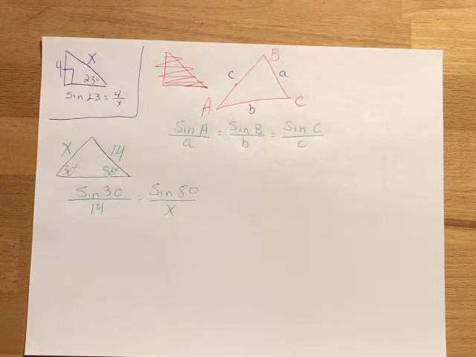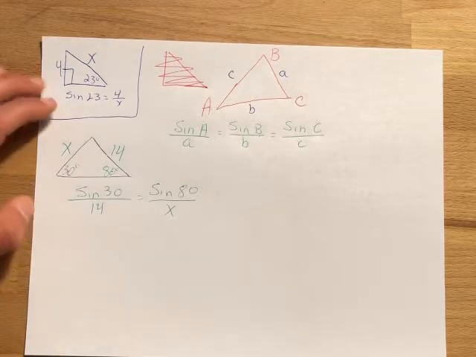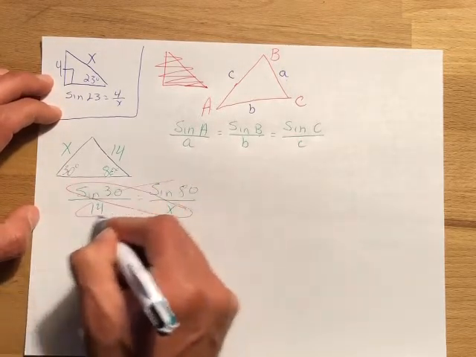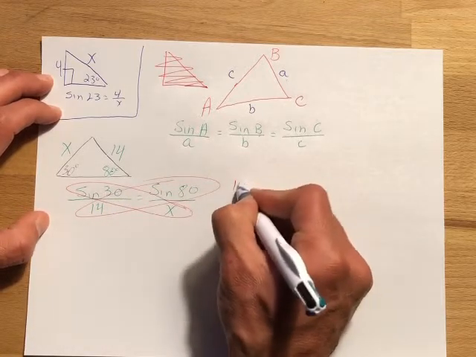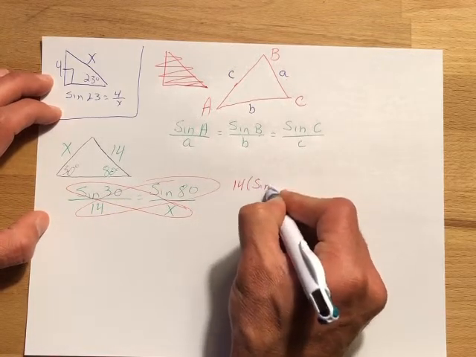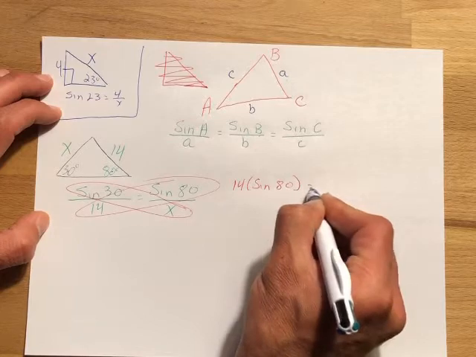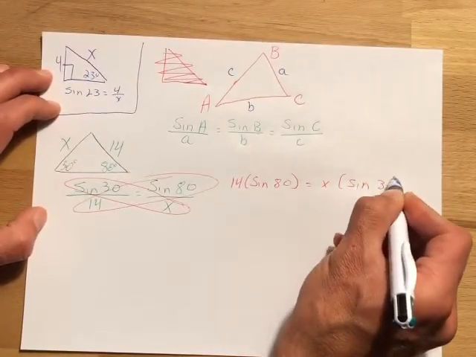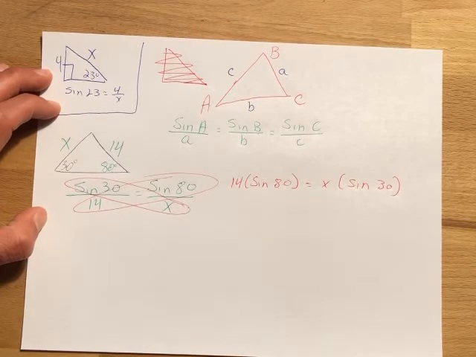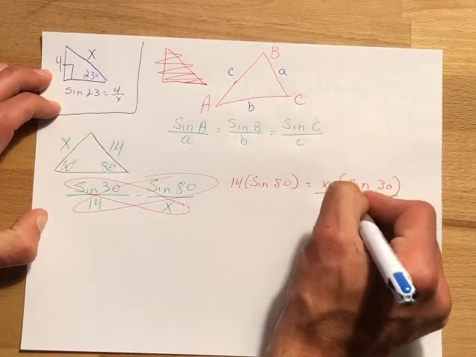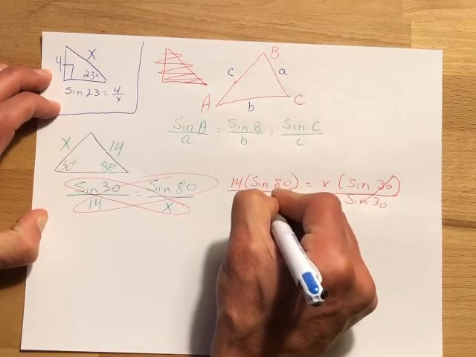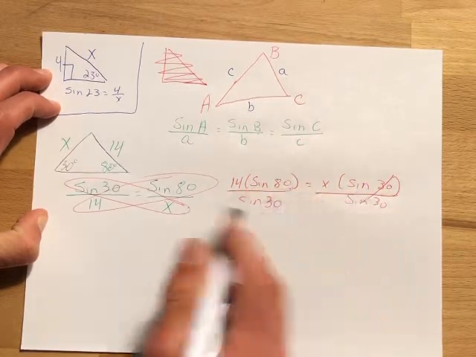So now I'm going to cross multiply. I'm going to say 14 times sine of 80 equals x times sine of 30. Now that I have this, I can divide both sides by sine 30, and this is actually what I plug into my calculator.